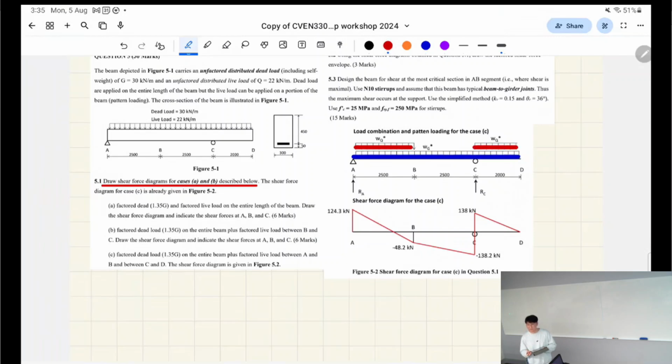Case A was live load across the entire beam, and case B is the live load between B and C.